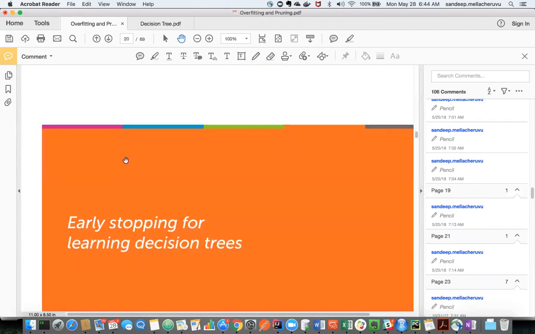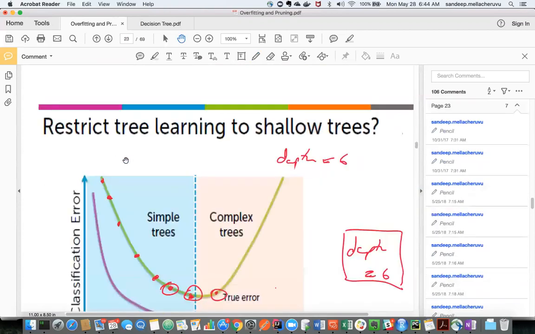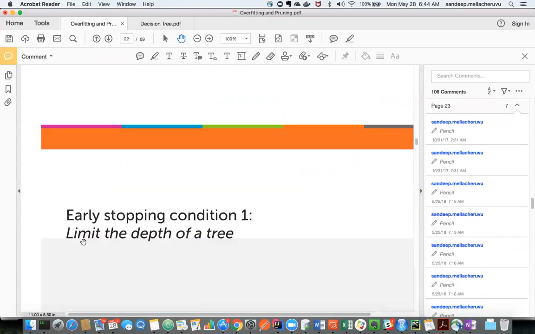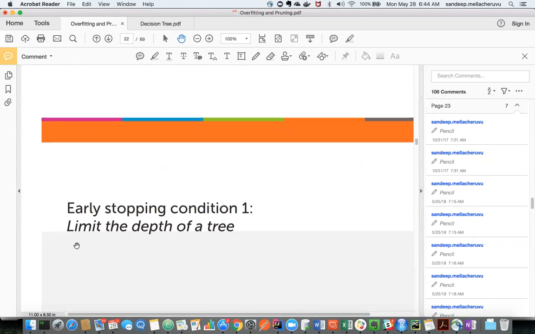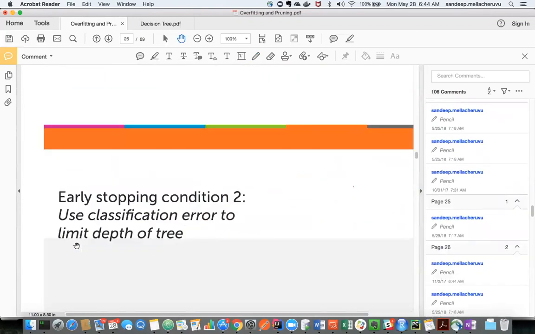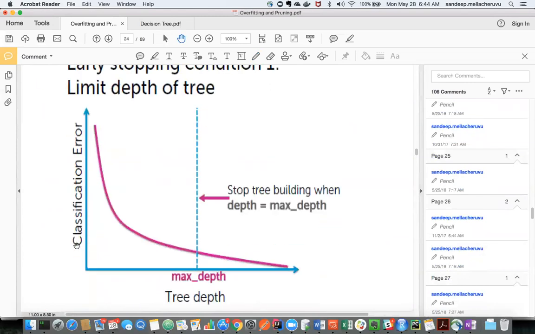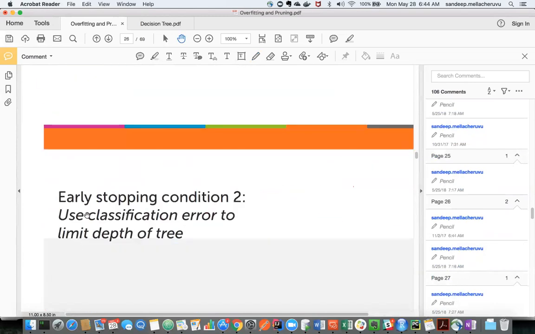So there are two ways. One is early stopping. For early stopping, you can limit the depth of the tree, which is a measure of the complexity of the tree. You can also use the classification error to limit the depth of the tree.